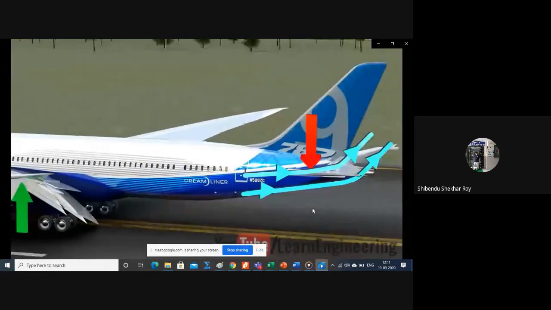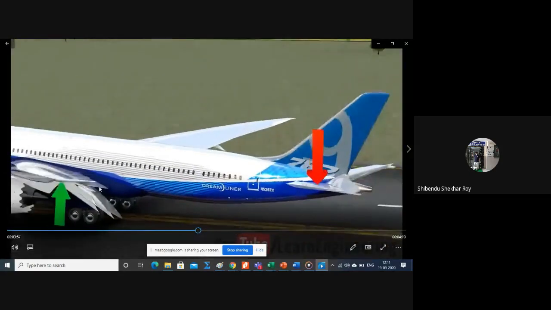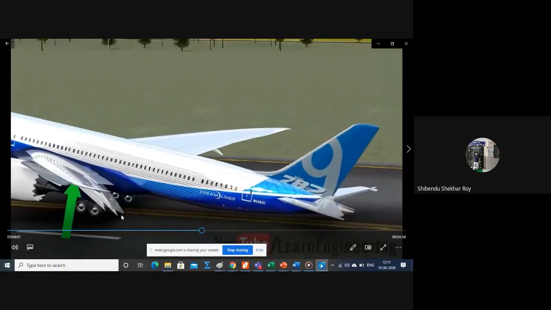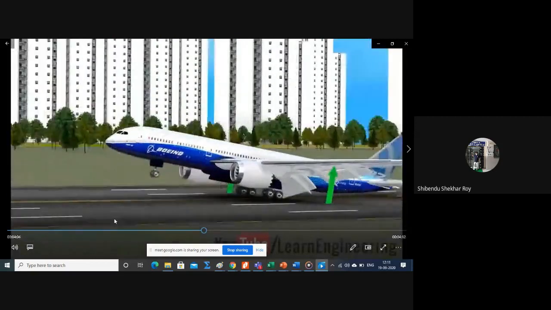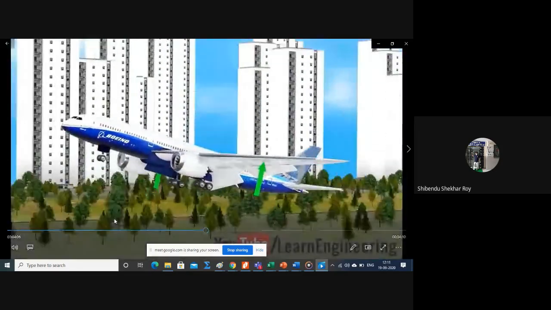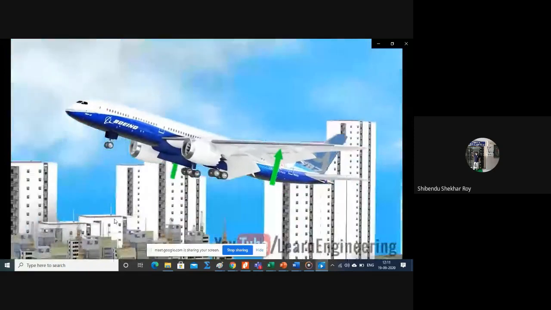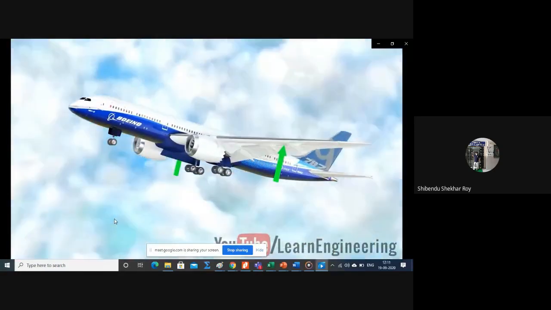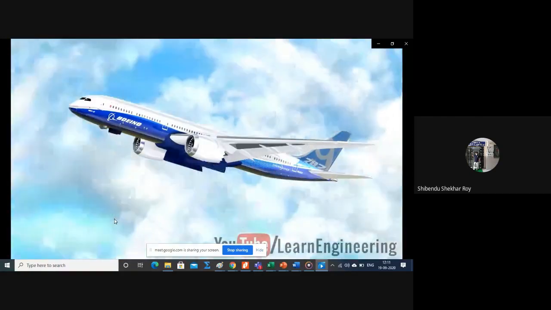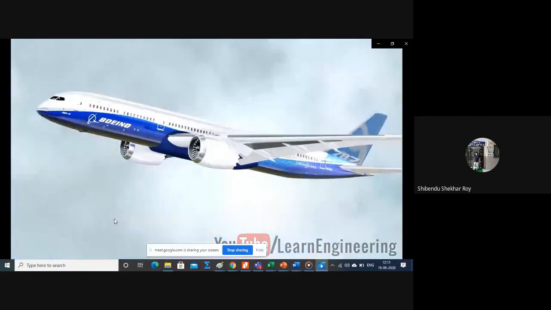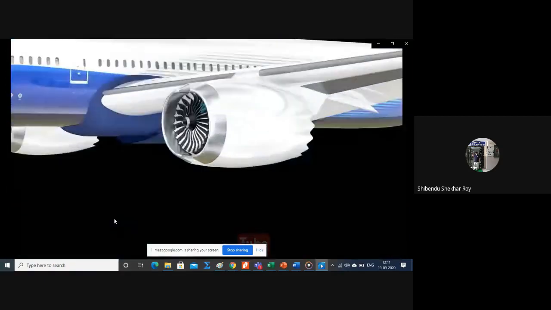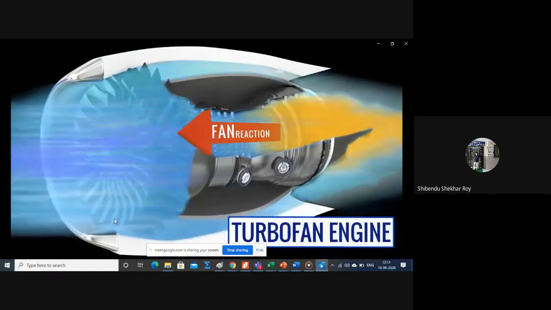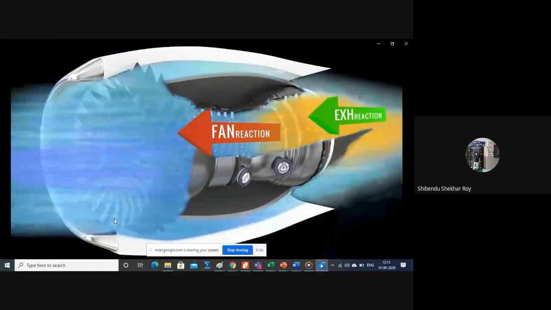You might see this when you are sitting on the window side near the wing, not above the wing. For the turbofan engine, how it generates thrust, there is also a lot of mechanism inside.